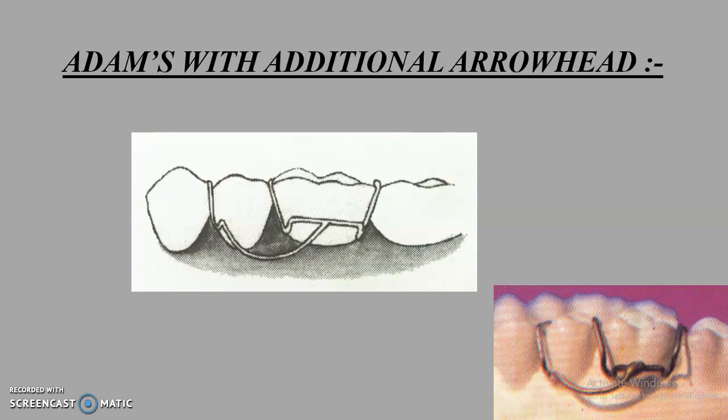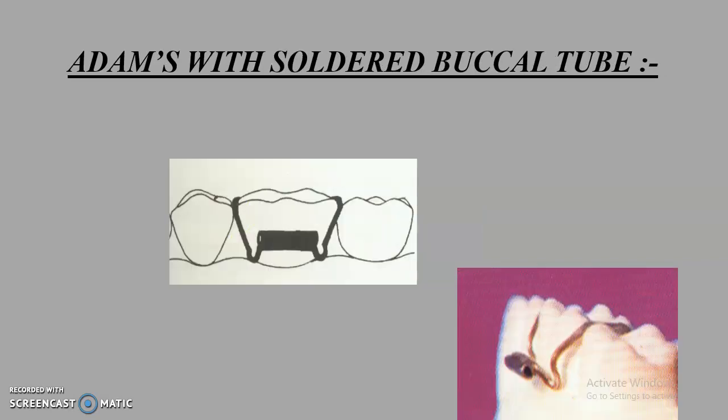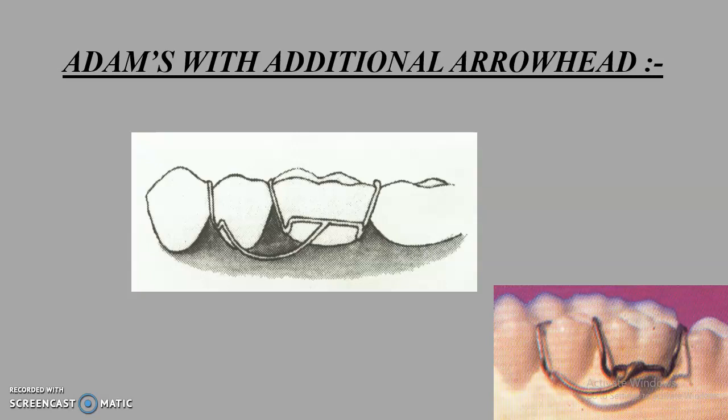And another one is Adams with additional arrowhead. An additional arrowhead is soldered onto the bridge of the Adams clasp. This gives additional retention, it provides maximum retention.